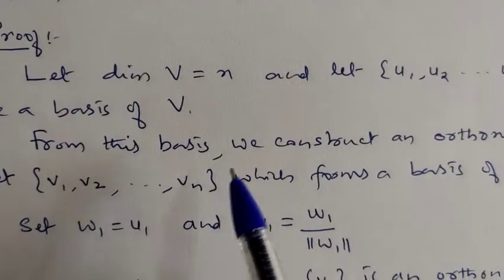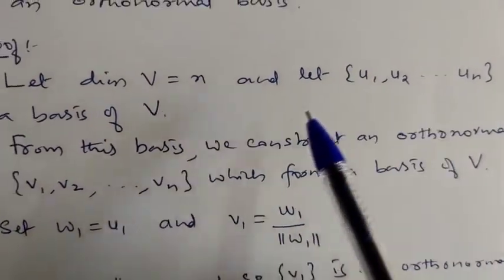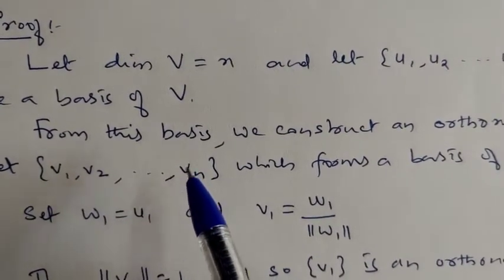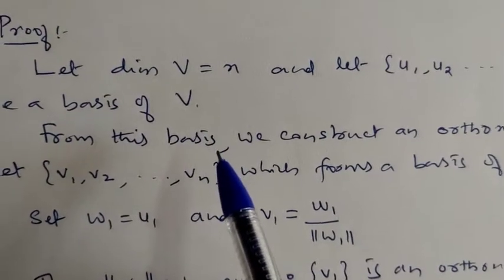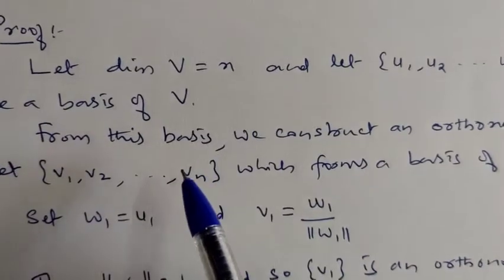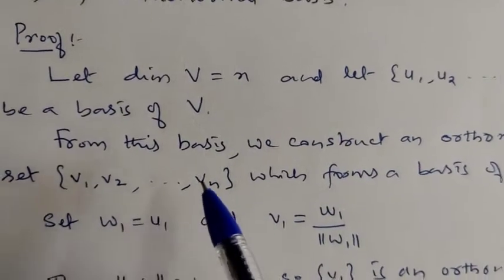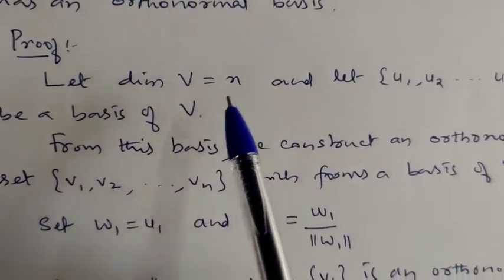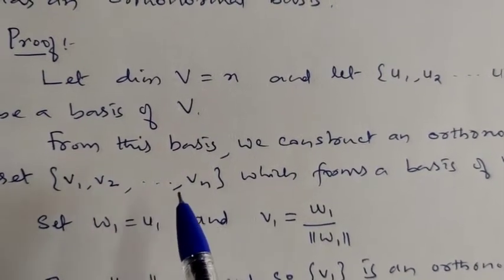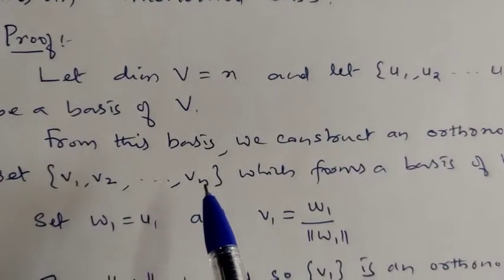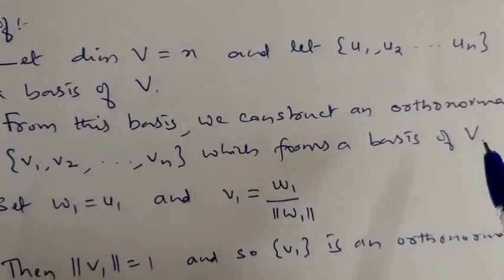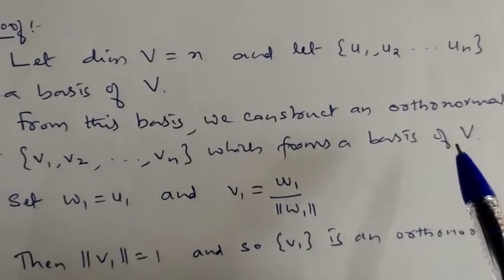So from the ordinary basis elements I construct an orthonormal set having n elements which are linearly independent by the previous theorem. If the dimension of V is n, then any n linearly independent vectors can be made into a basis, so this becomes a basis of V called the orthonormal basis.